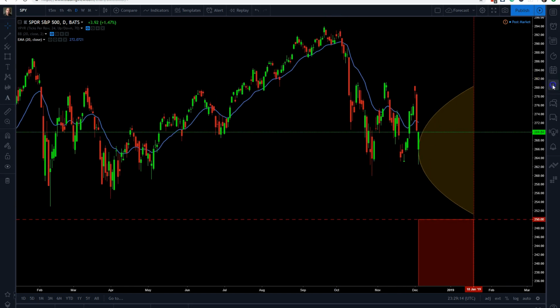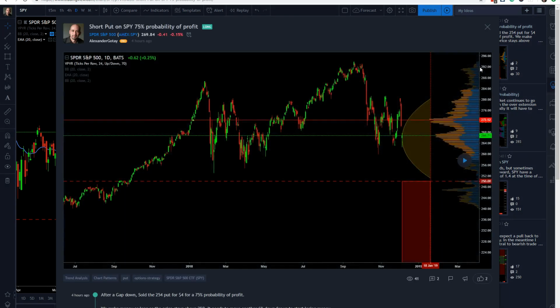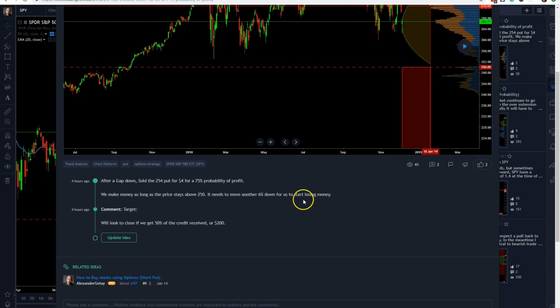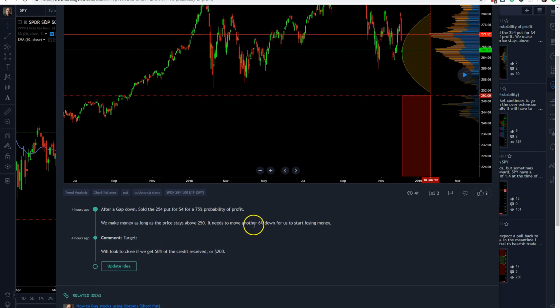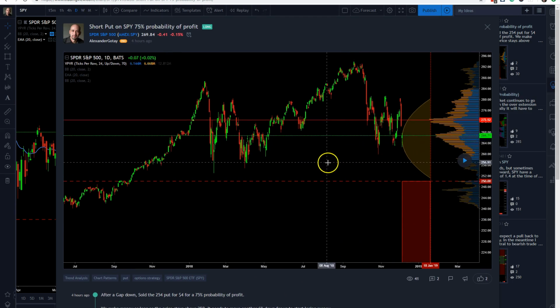Anyway, you can check the trade. I posted the trade in Tradingview, and you can check it out here. This is when I posted what it was. In a couple of days, you can actually click the play button and see how the trade goes, and you can see if I have to update anything, and I can write down if I'm starting to do any defense or whatever.